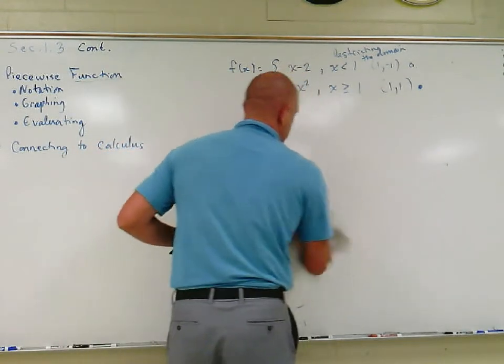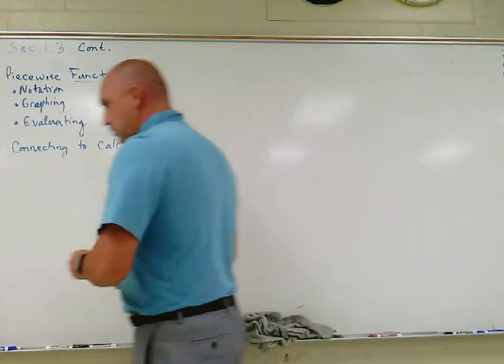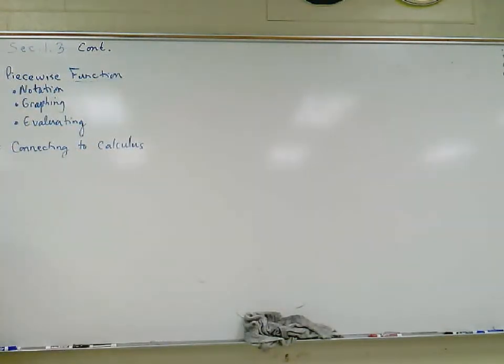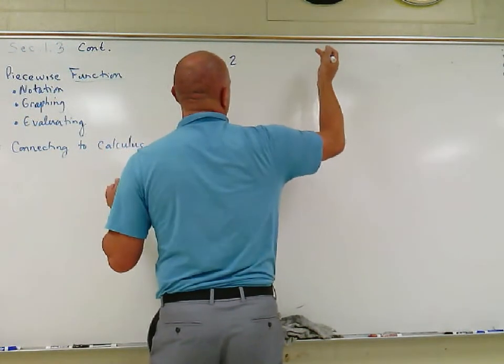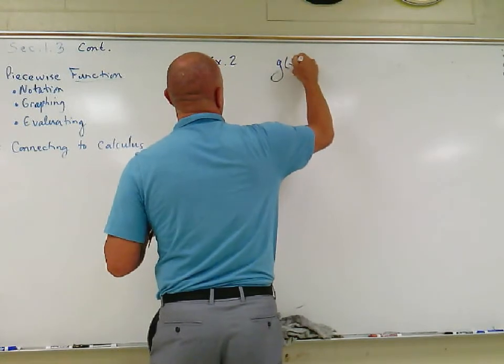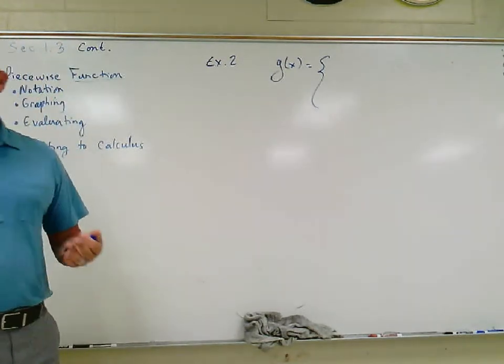What other scenarios might there be? Well, we could have this. We'll call this example 2. It doesn't always have to be f, it could be g. I could say g of x equals, okay? But we typically use function notation.